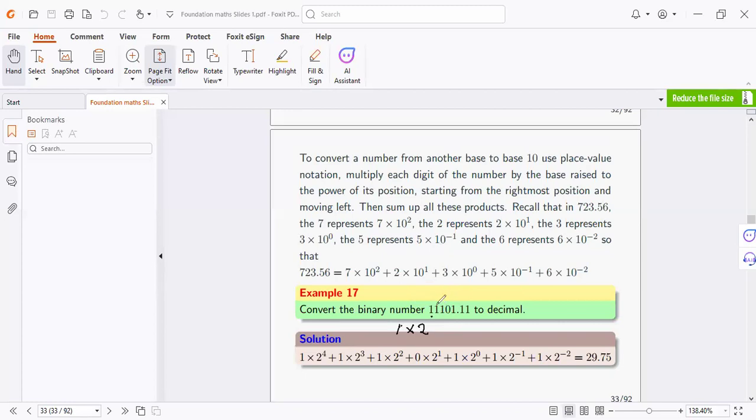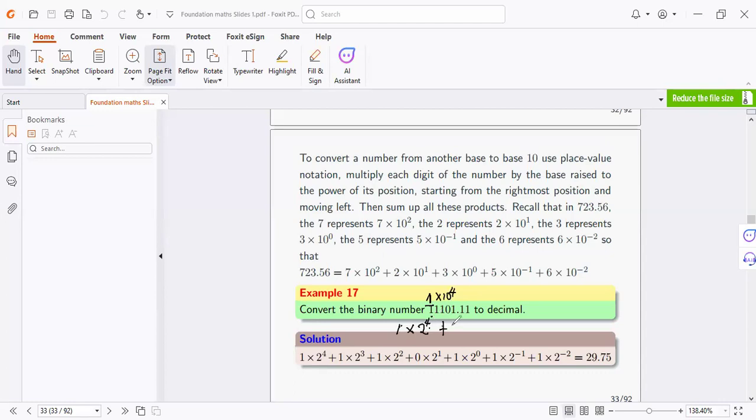And then we just count the place values. What is the place value of this 1? The 1 times 2 raised to what? 1, 2, 3, 4. So this would be 4. So the total value of this one is 1 times 2 raised to 4.